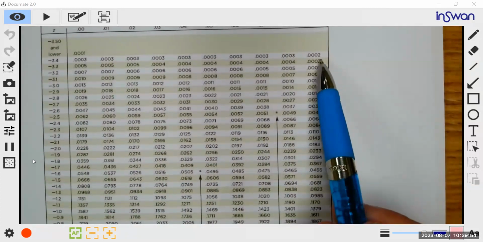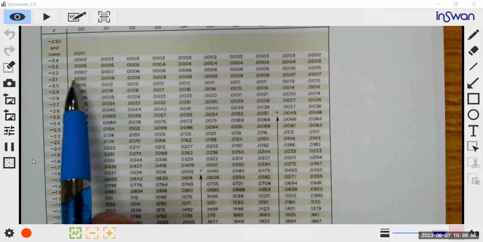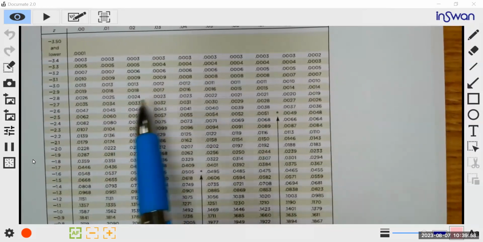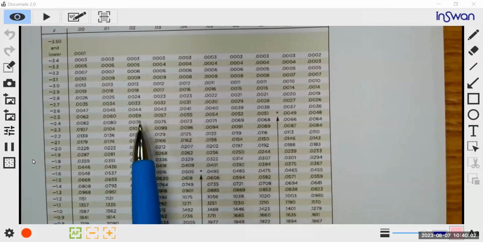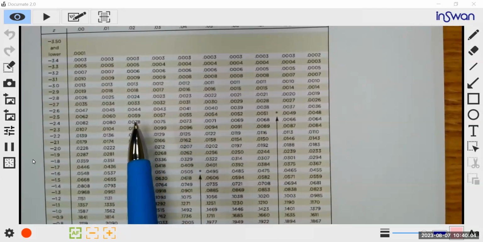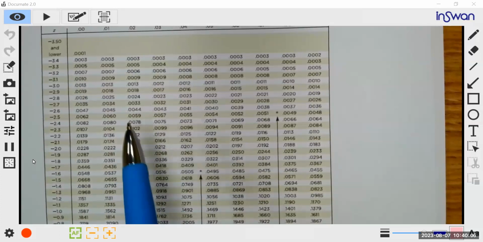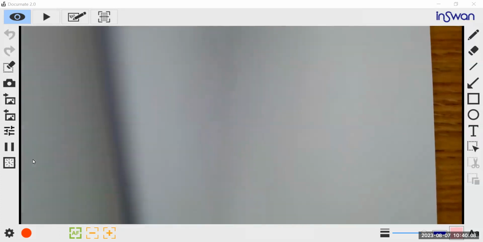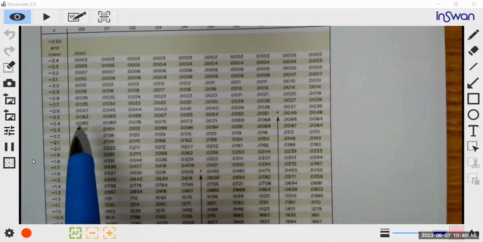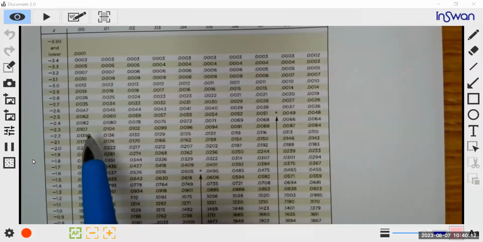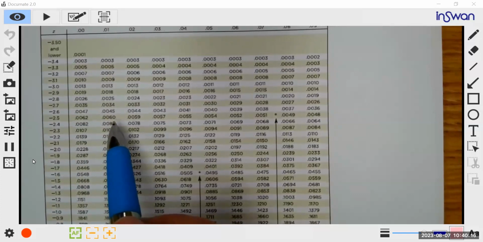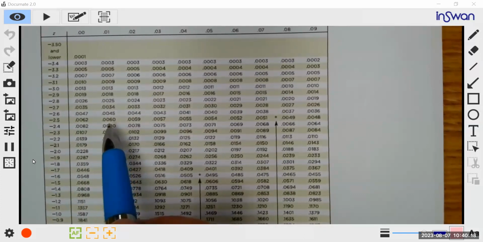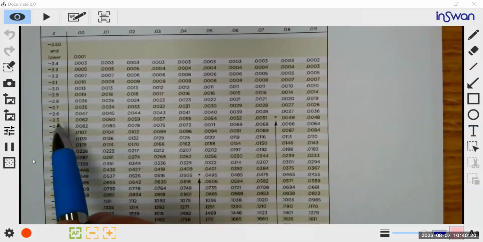We notice it's slightly increasing, so we keep looking until we find 0.0063, or the number closest to it, which is 0.0060. There it is. So what z-score does that correspond to? Negative 2.51.